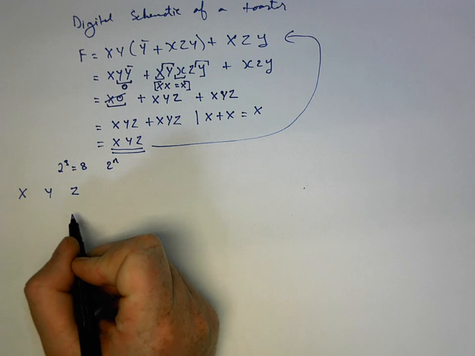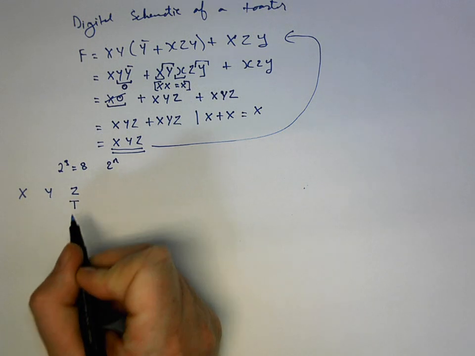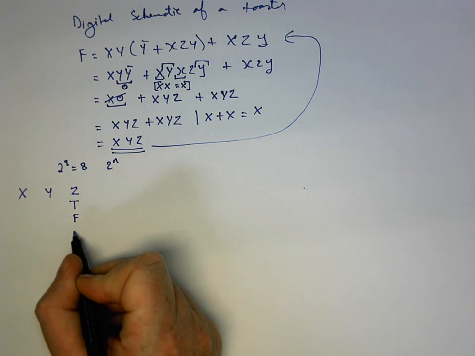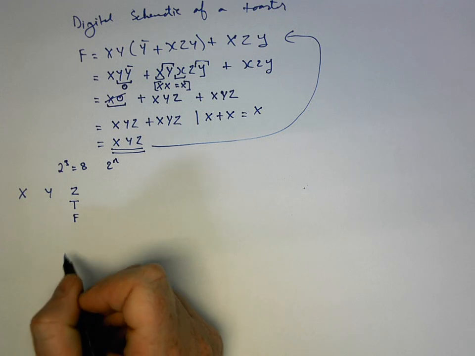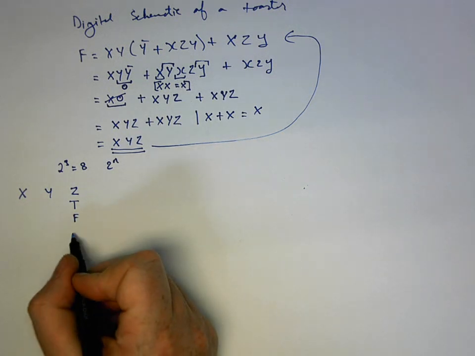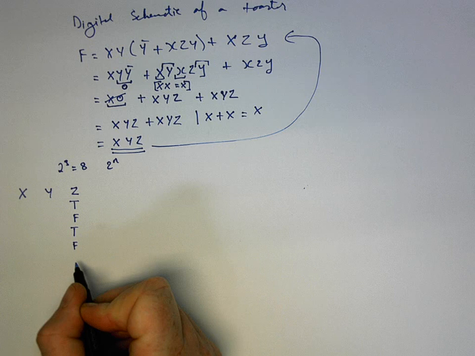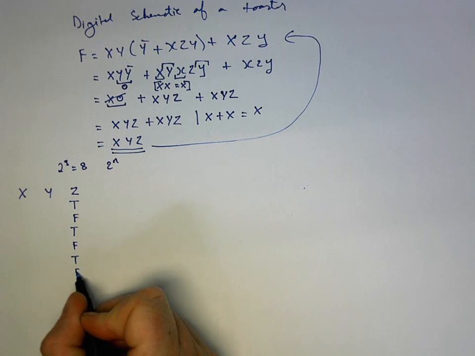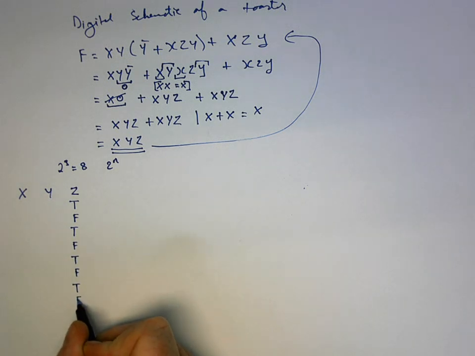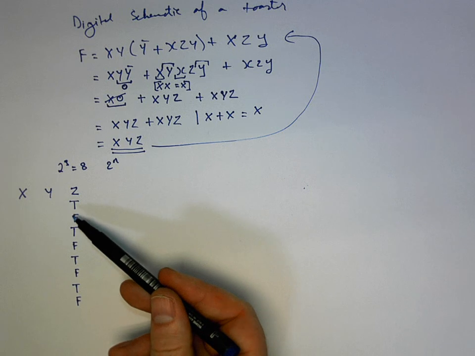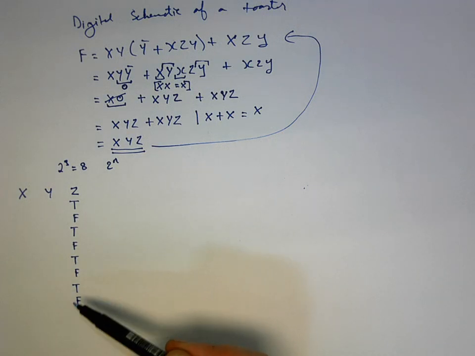We'll start off with z, and we just write down the combination. So true, false. So they're the only options we have, so we repeat this down until we have 8. True, false, true, false, true, and false. So now we've got 1, 2, 3, 4, 5, 6, 7, 8.